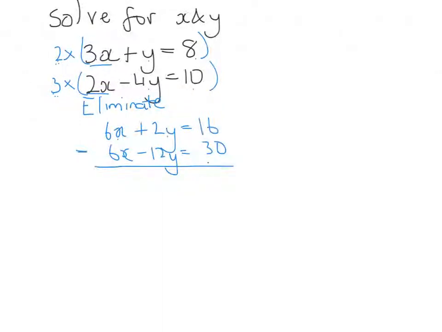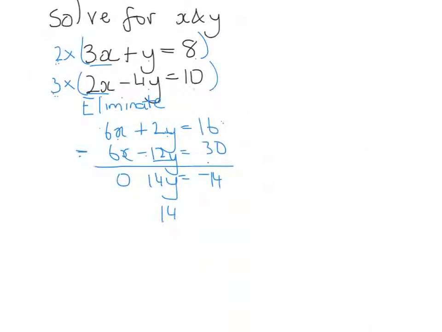Now if we take them away, 6x take away 6x is 0, 2y take away negative 12y, well take away negative is a positive, so 2y plus 12y is 14y, and 16 take away 30 is minus 14.